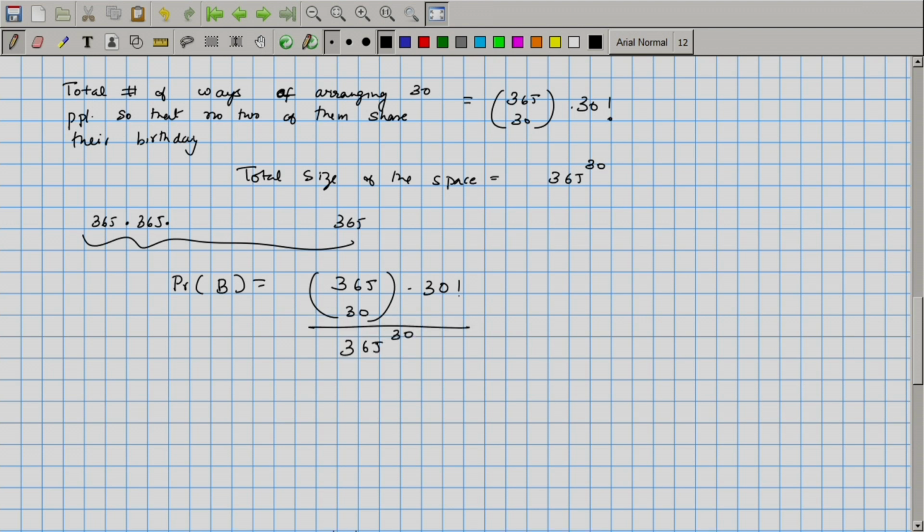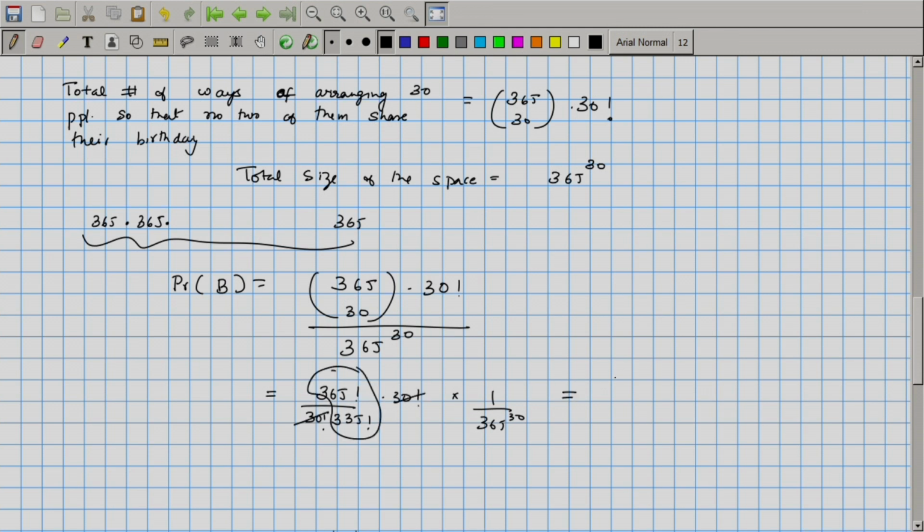We can try and simplify this. 365 choose 30 will be 365 factorial divided by 30 factorial times 335 factorial, times 30 factorial, times 1 by 365 raised to 30. So, these cancel and whatever we have here is the falling factorial.